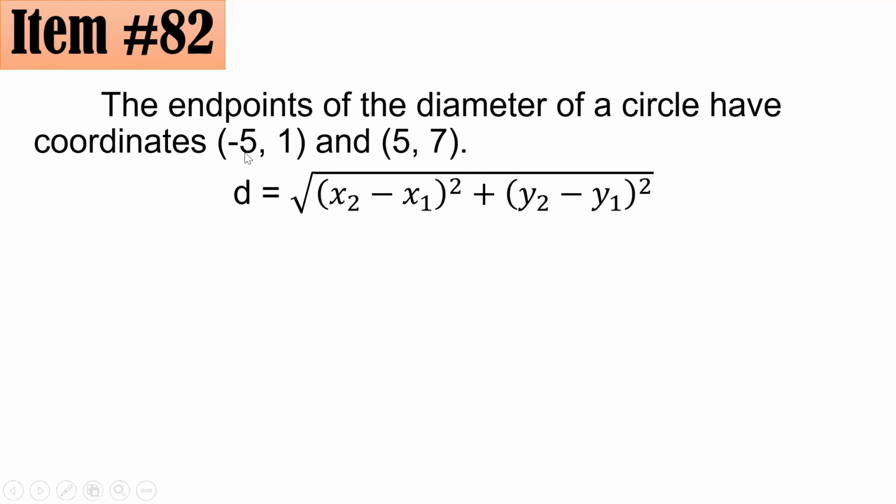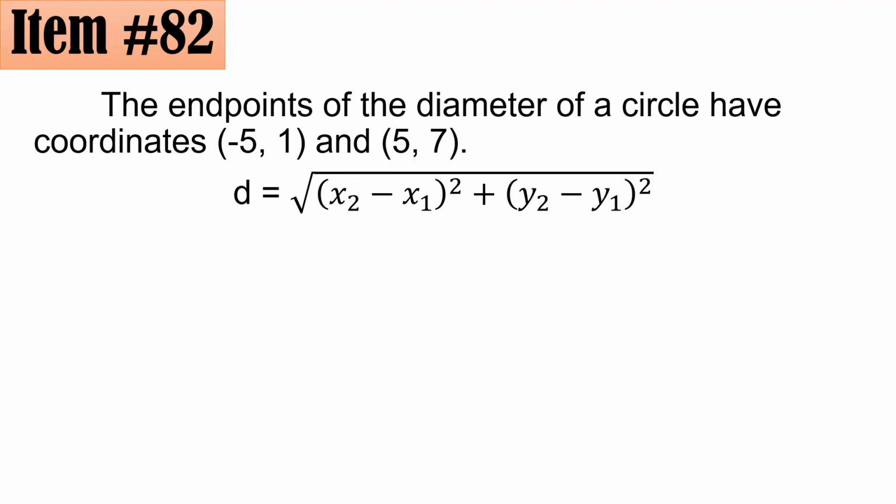So from here, -5 is x sub 1, 1 is y sub 1. 5 is x sub 2, and 7 here is y sub 2.